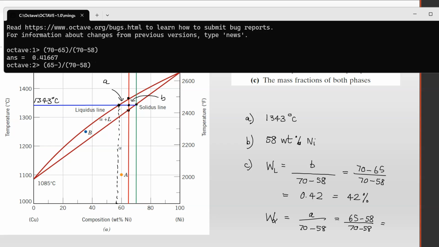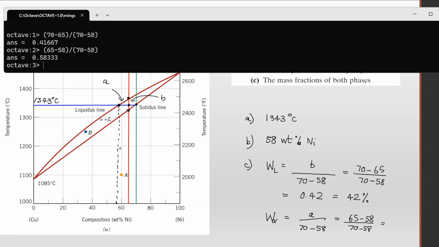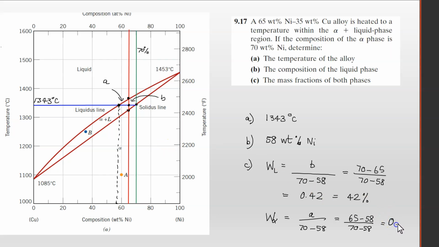That is 0.58, which is the same as 58%. As you can see, if we add these two numbers together, we get 100%. So I hope that helps.